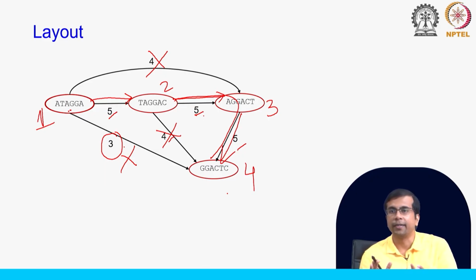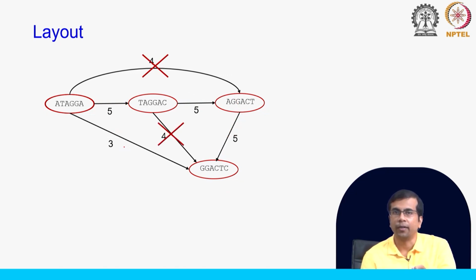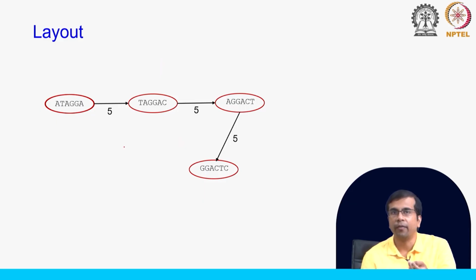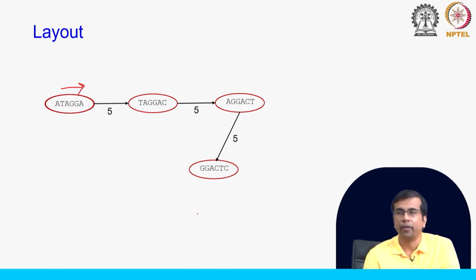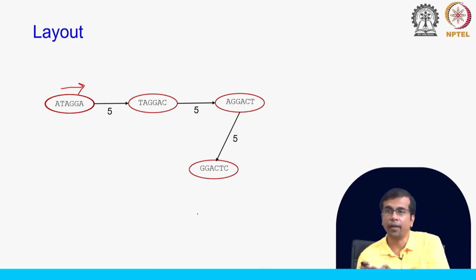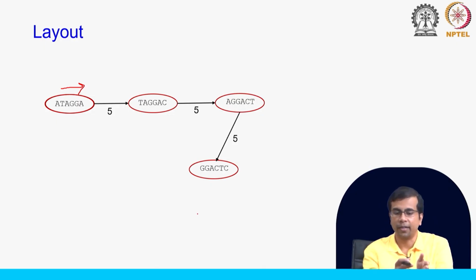So, in essence we are now removing these edges that can be inferred from other edges in the graph. These 3 edges we can remove, and what we are left with are these 3 edges here. And as we traverse through this graph, if we start from here, we have a simple path. We do not need to find the optimal path in this graph, we can simply traverse through this path, and this follows the Hamiltonian path.